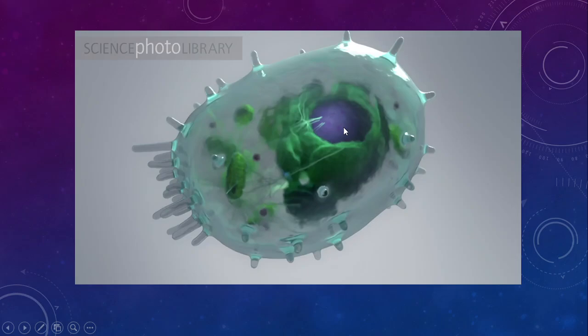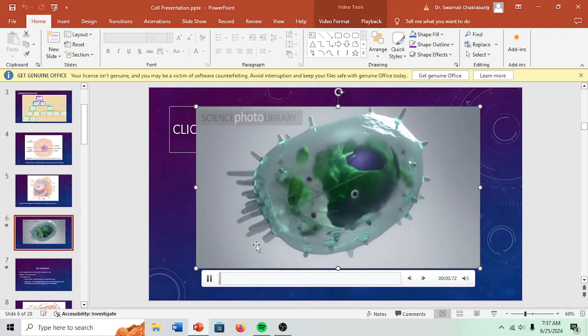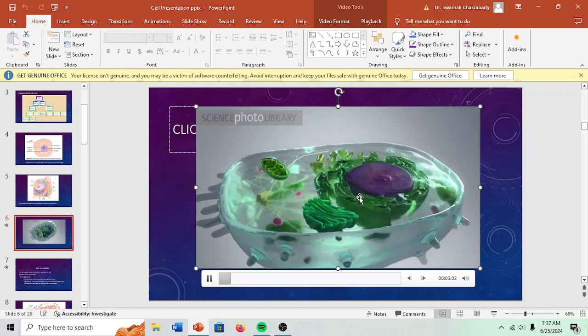Now this is a 3D animation showing the structures of the cell. This is a hemisection of a human cell.